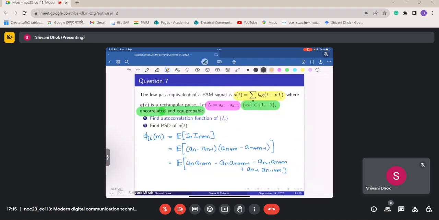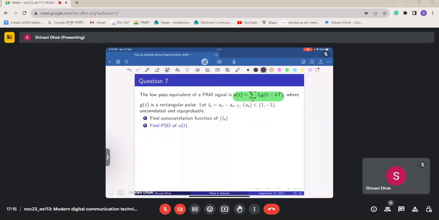For the sake of handiness, we need to find phi_u(f). Here we are having u, not v, so just to be consistent with our notations, phi_u(f) is equal to 1/T |G(f)|^2 phi_I(f), where phi_I(f) comes out to be the summation, m running from minus infinity to infinity.